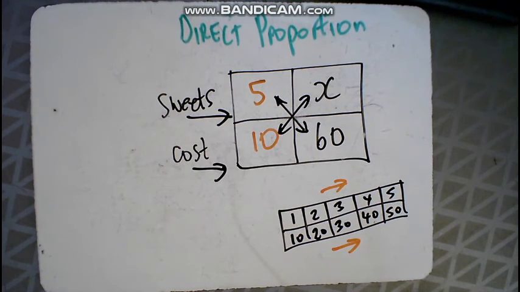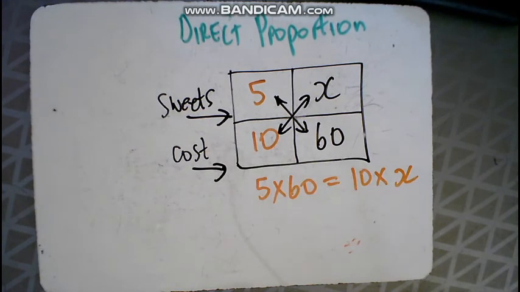Both numbers are moving upwards: 1, 2, 3, 4, 5 in the top row, the sweets, and 10, 20, 30, 40, 50 rand in the bottom row, the cost. So both rows are increasing. This is how we recognize a direct proportion.